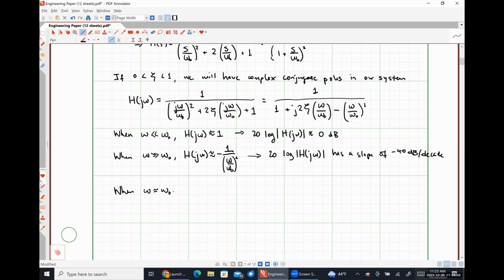So it's dominated by this middle term, right? One over 2 zeta, because the omega over omega naught bit here is still just going to look like 1. So the only thing that matters is zeta.